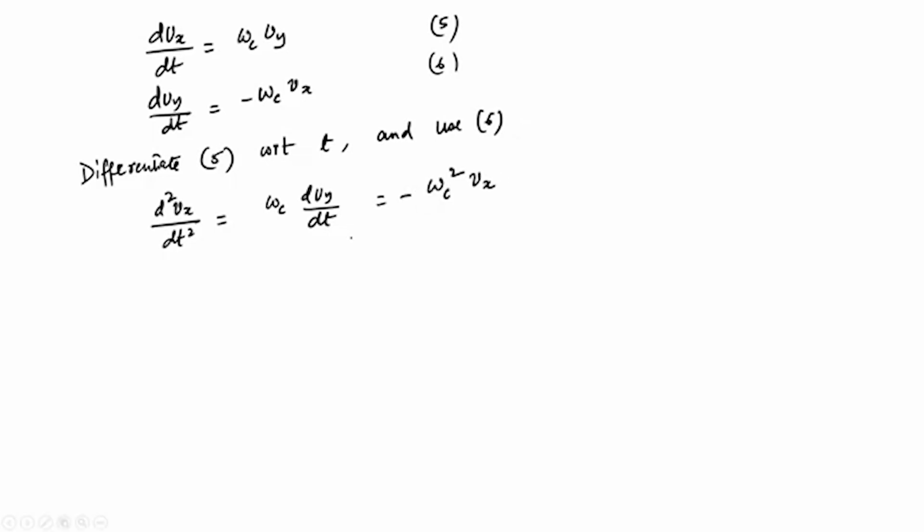Now, at the second order level, it becomes decoupled. So, the double derivative of Vx with respect to time is equal to minus omega c square Vx, let us call it equation 7, and 7 has a solution that Vx(t) is equal to V0 cosine omega c t, where V0 is some initial velocity at t equal to 0.